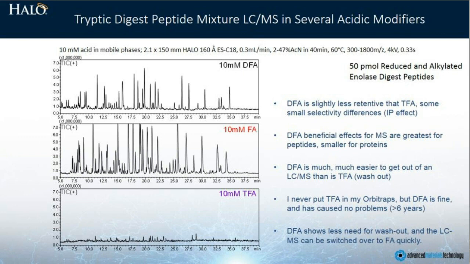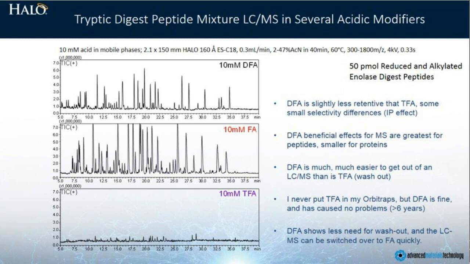And what we see is that difluoroacetic acid does cause some ionization suppression relative to formic acid, but nowhere near as bad as what you get with trifluoroacetic acid due to its strong ion pairing with basic amino acid side chains.